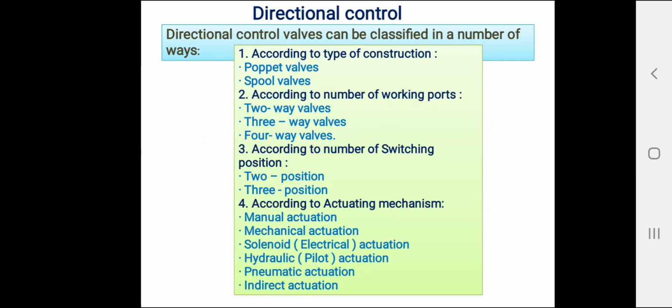Valves contain ports that are externally open for fluid to enter and leave via connecting pipelines. The number of ports on a direction control valve, that is DCV, is usually identified by the term way. For example, a valve with 4 ports is named a 4-way valve.